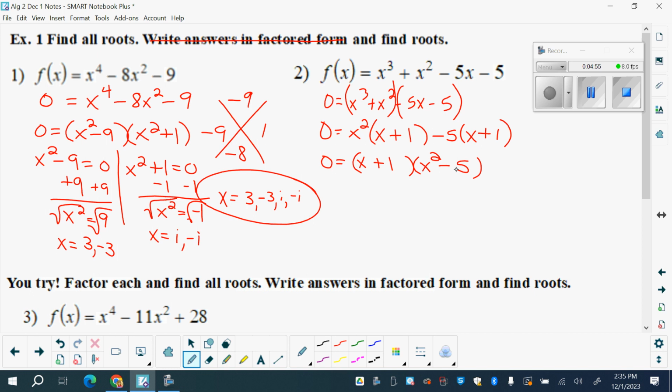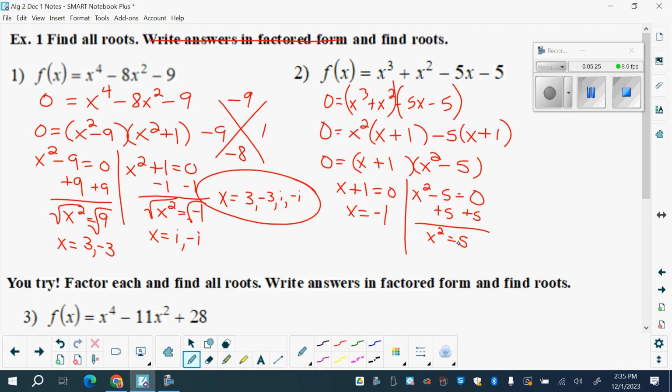And then what do we do next here on this? Zero product property. So we set x plus 1 equals 0. X squared minus 5 is 0. This gives us a negative 1. And then we add 5. X squared is 5. And then what next?